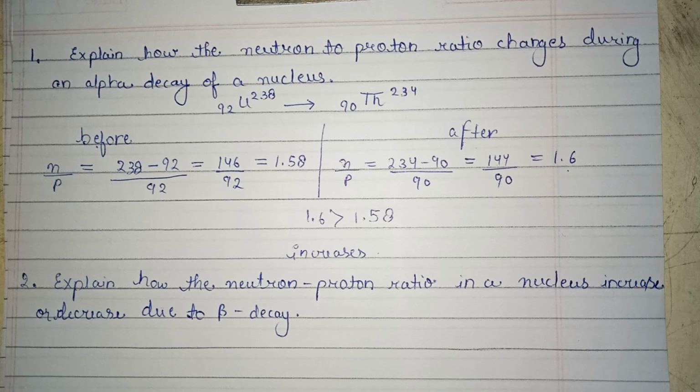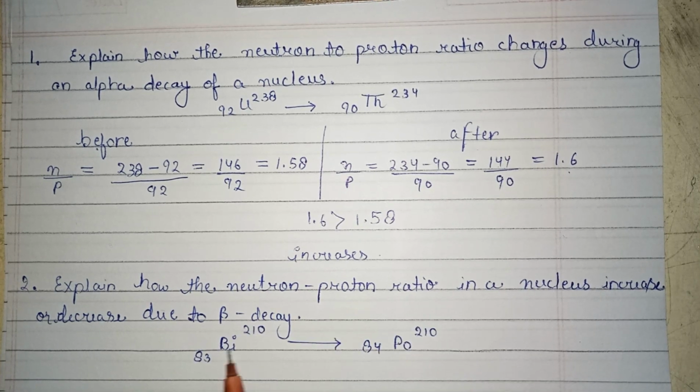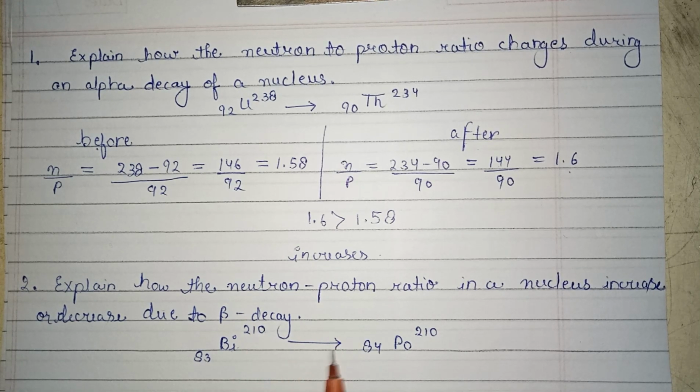So I will take an example, then I will explain further. We have taken the example of bismuth having atomic number 83 and atomic mass 210. On undergoing a beta decay, its atomic number will increase by 1, that is 84, and it will convert into polonium with the same atomic mass of 210.